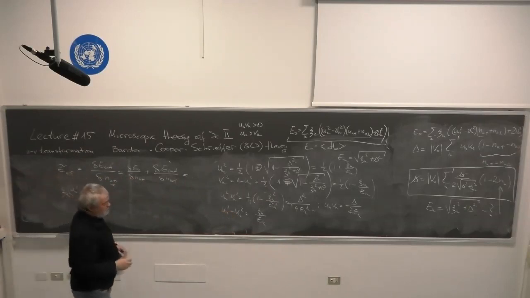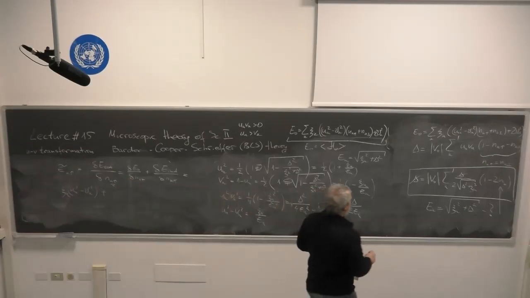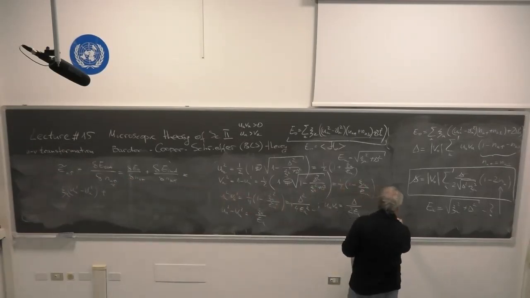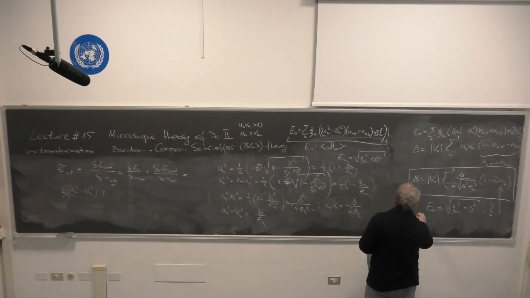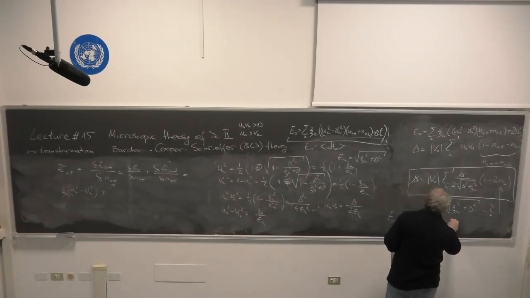The second term: I recall to you that E interaction was equal to minus V naught times the sum over k prime of u_k v_k, times (1 minus n_k up minus n_k down), squared.